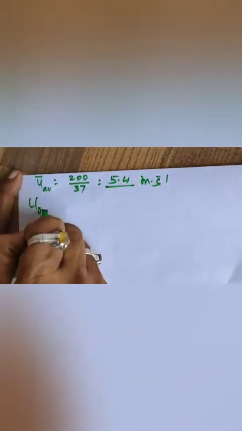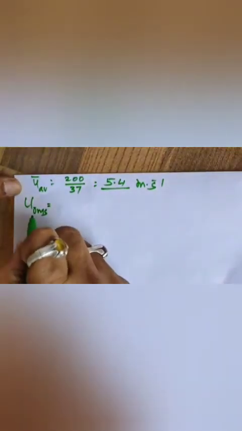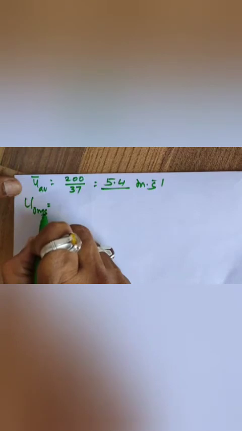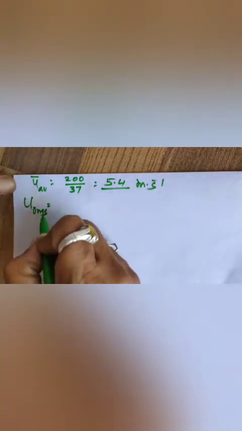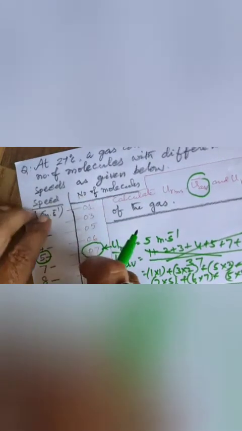RMS velocity, how do we take this one? It is the root of the mean of the squares of velocities of all molecules. So first we do the square of the velocities: 1 square, 2 square, 3 square, 4 square, 5 square, 7 square, 8, 9, 10 squares, into the number of molecules.